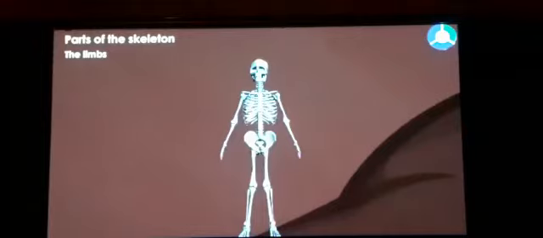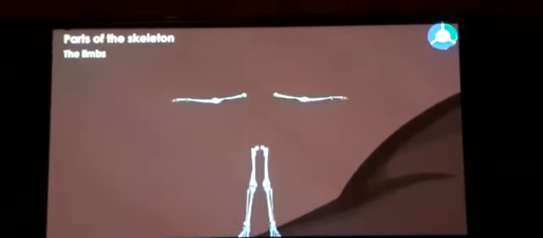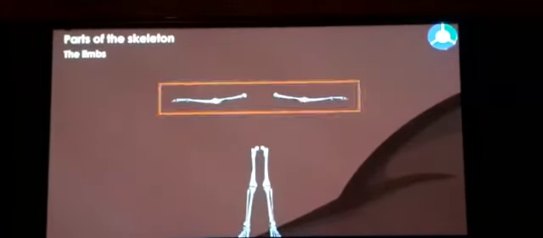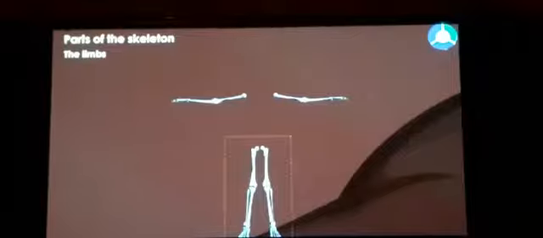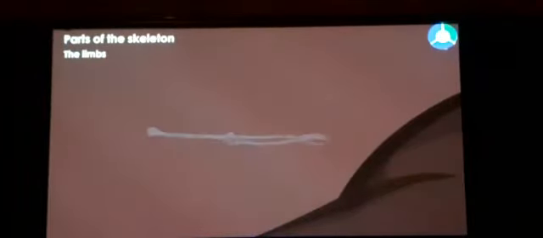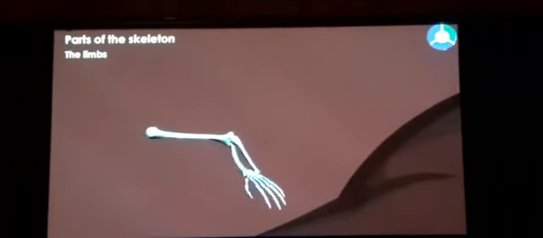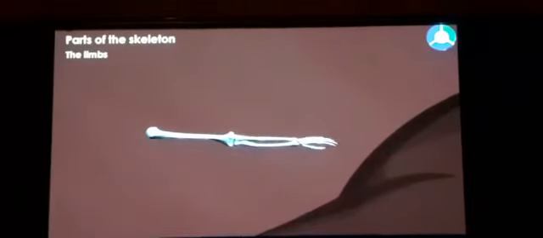The limbs. There are two pairs of limbs, a pair of forelimbs or arms and a pair of hind limbs or legs. The limbs are made up of long bones fitted together.